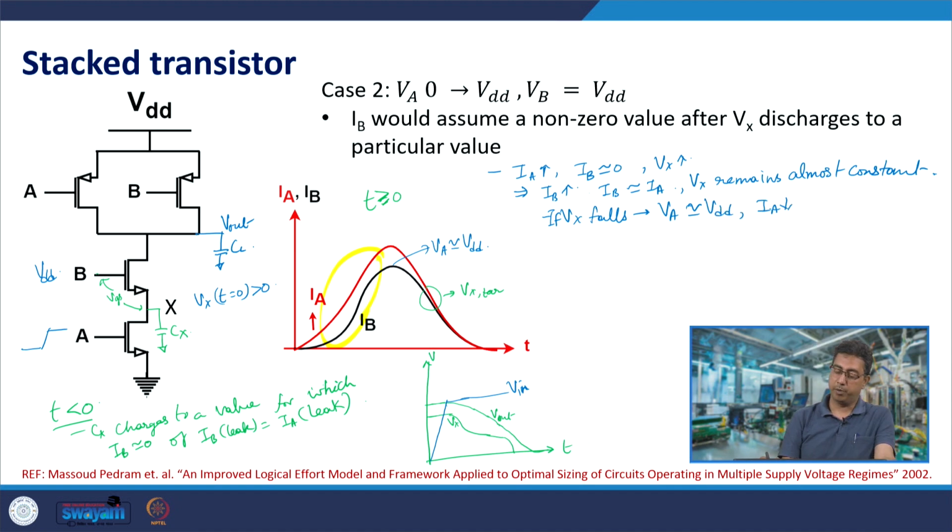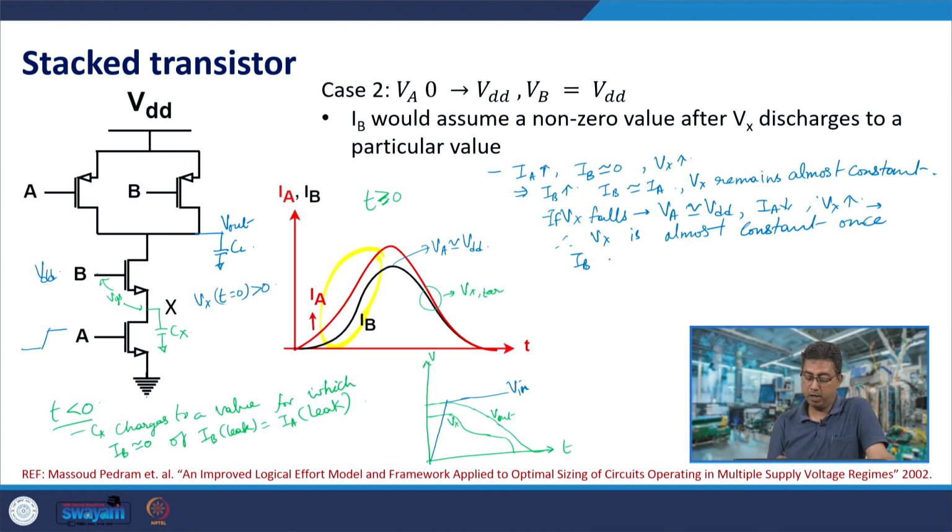But Ia and Ib are nearly equal, so Vx would increase. That is a feedback. So you would find that Vx is almost constant once Ib is nearly equal to Ia. This value of Vx we are calling Vx target.